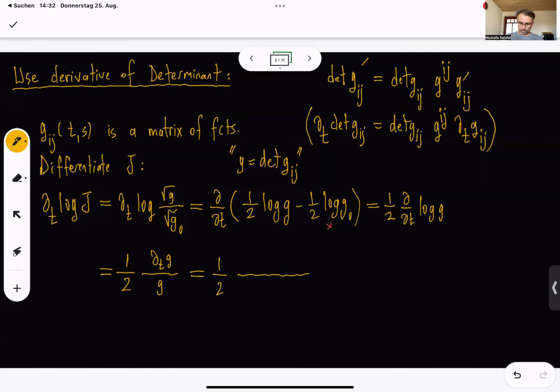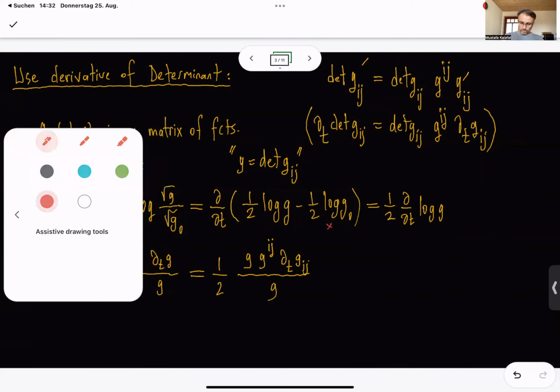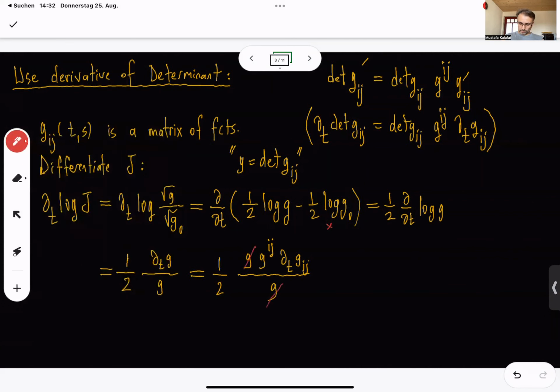Just write what we have on top with the adapted notation: g times g inverse matrix times partial t gij, and we have g in the denominator, which cancels out with this.